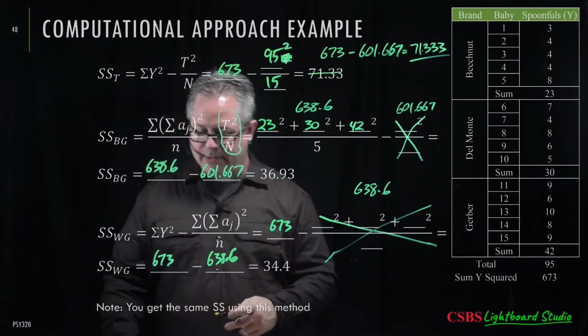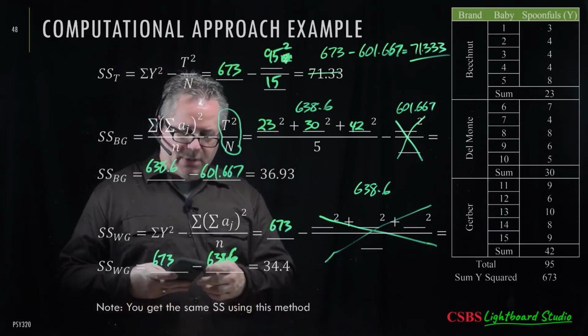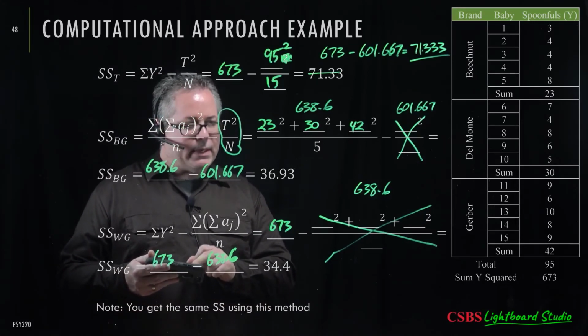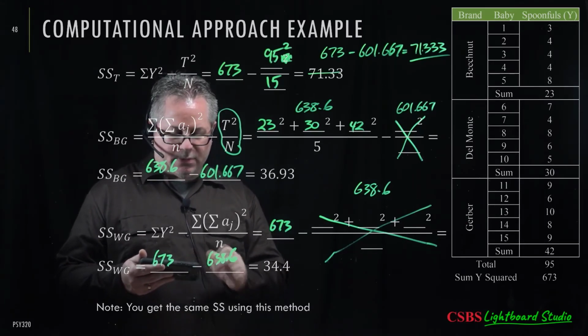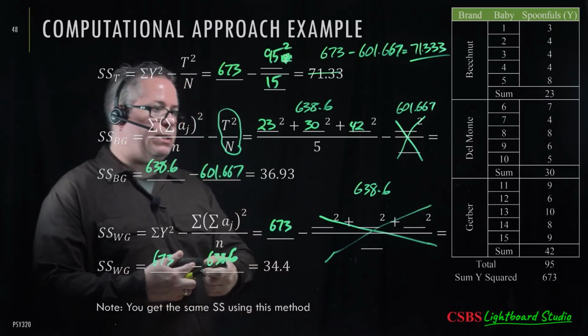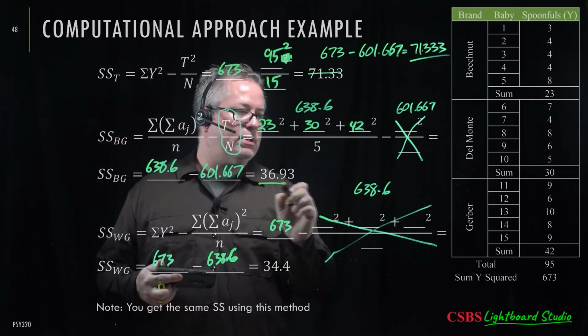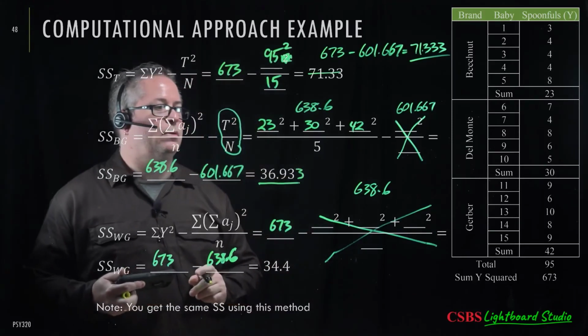So now, I need to do some subtracting, and I'm done. So 638.6 minus 601.667 equals 36.933, which is what we have right here. 36.933, okay?